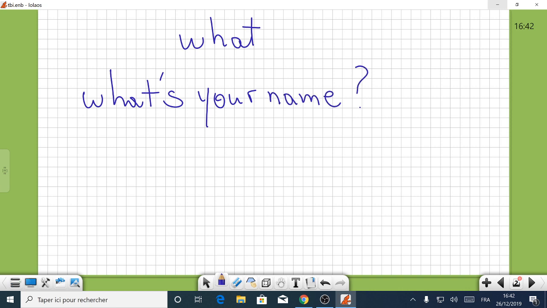This is a question that starts of course with a WH question word, which is what. And I can have another example, for example, what's this, talking about the marker I'm using to write. So, what's this?